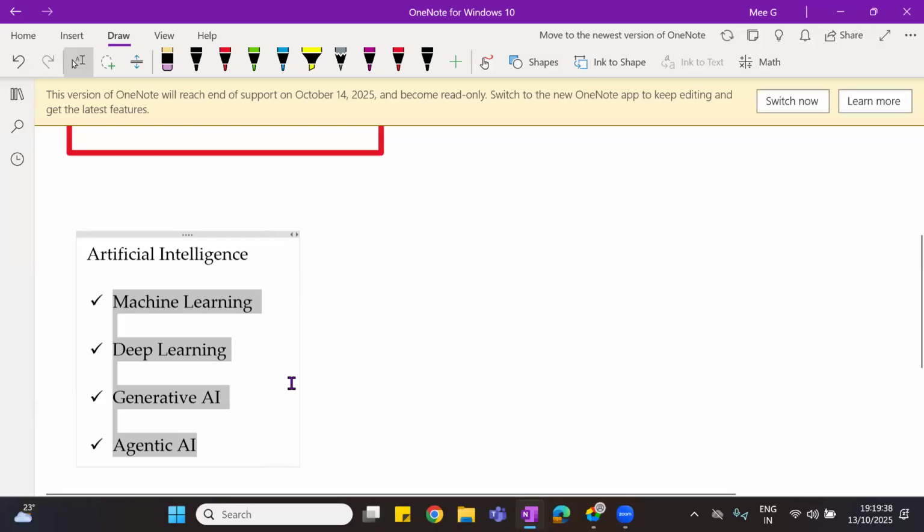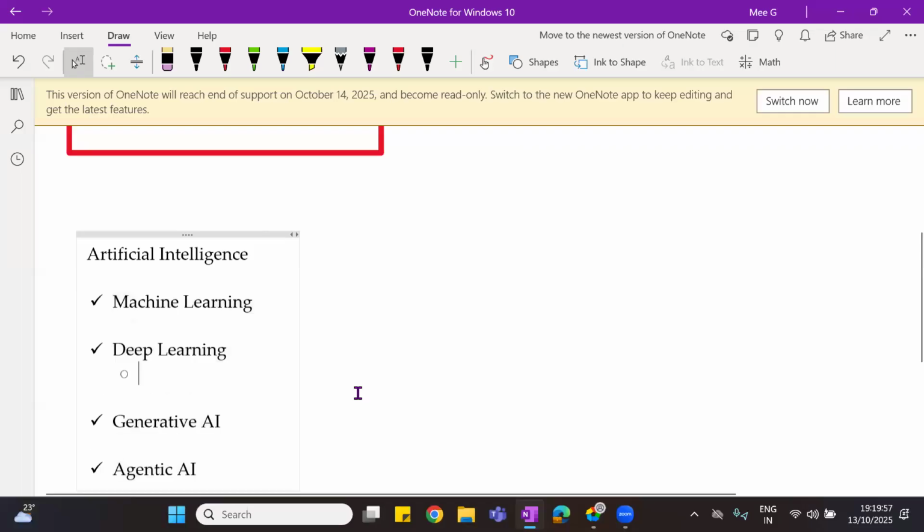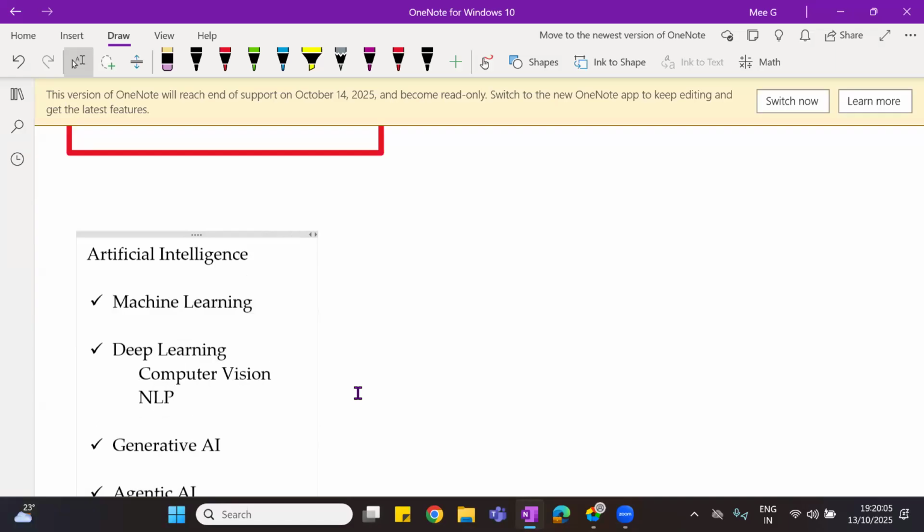Again, you may see time series, computer vision, or NLP, and you will start judging me, saying he is not giving us a complete picture. No, it's not like that. Time series is a part of machine learning. Under deep learning, you will have two fields. One is called computer vision, and the second one is NLP. Computer vision is giving vision to computers to make them understand objects. NLP is natural language processing.